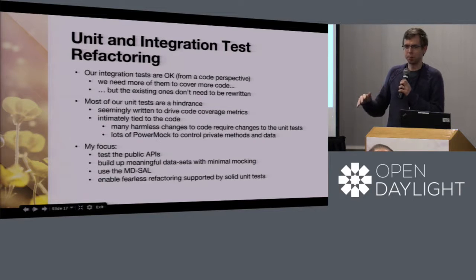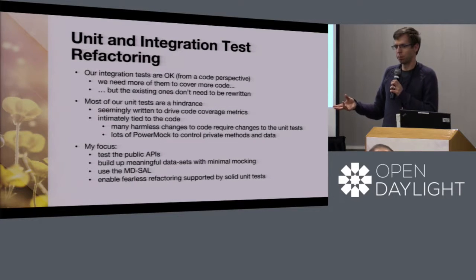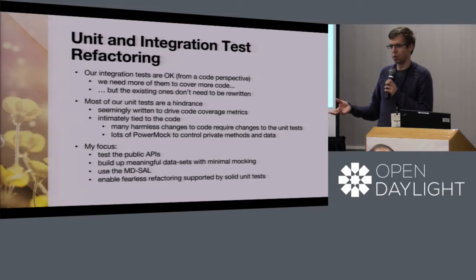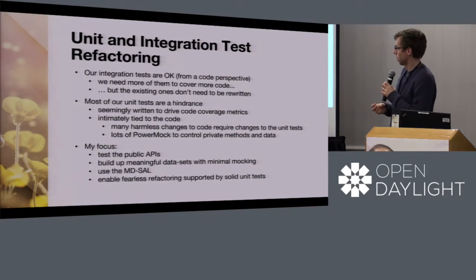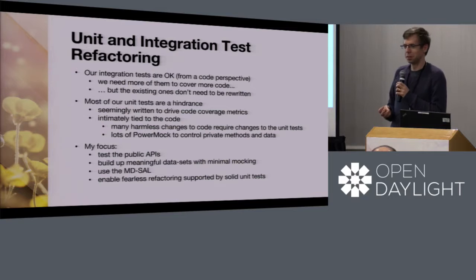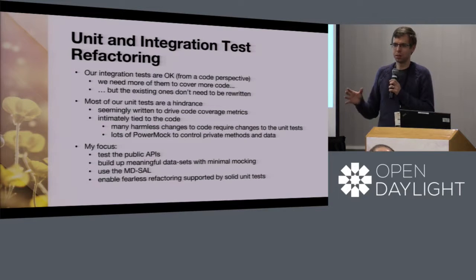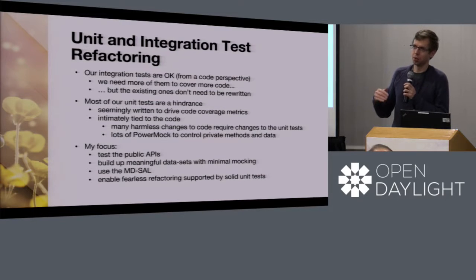Take the time to build up meaningful data sets, because there are pretty nifty features in controller for doing MDSAL-based tests, and enable fearless refactoring. Once we get solid unit tests, we can make sure that changes don't change what the public APIs are supposed to do.